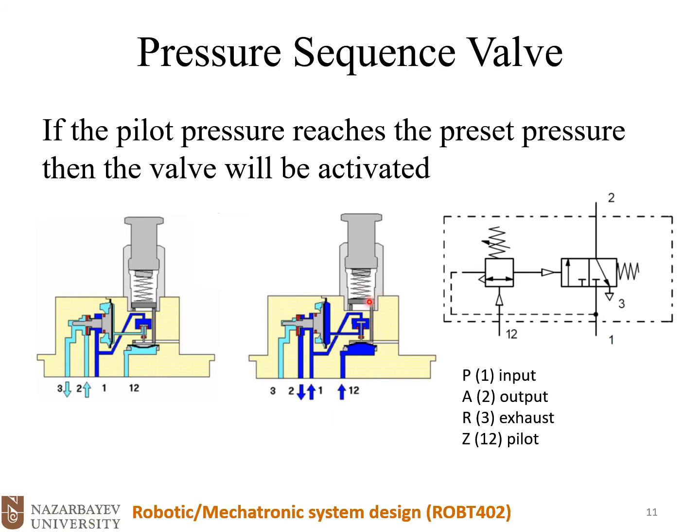That spring cannot be pushed back until the pressure reaches the setting value. And when it reaches that specific value, then the spring will be pushed back and will have an opening to the output. So this is the opening to the output.